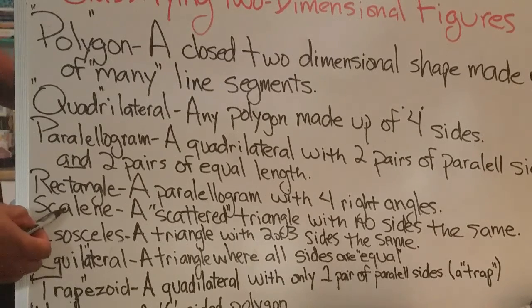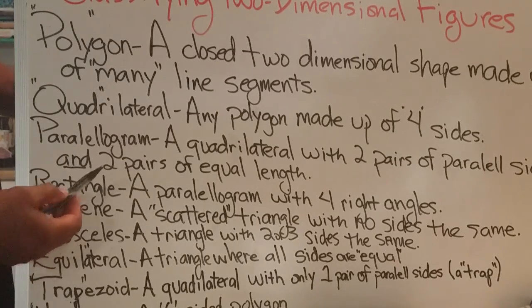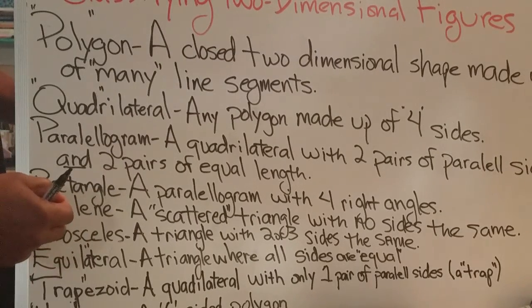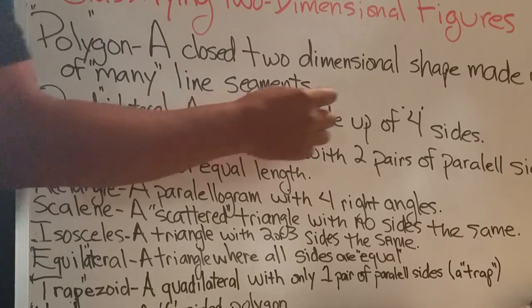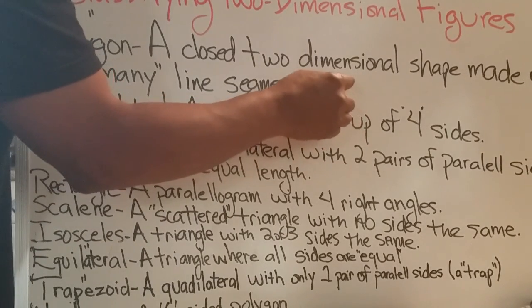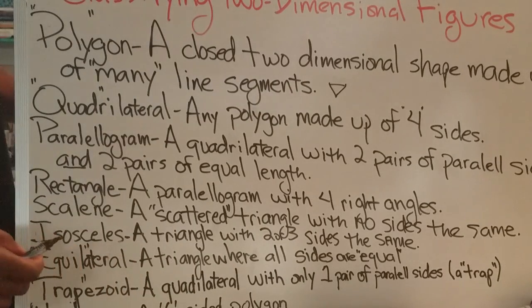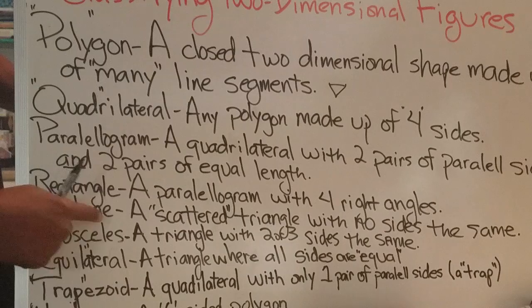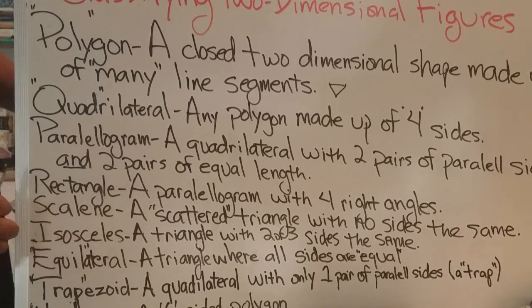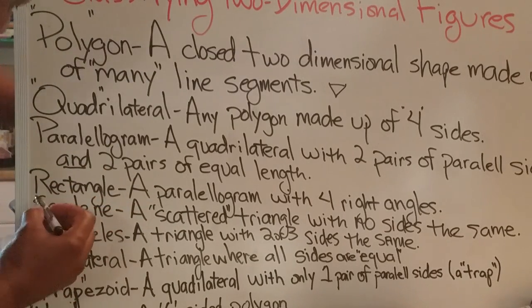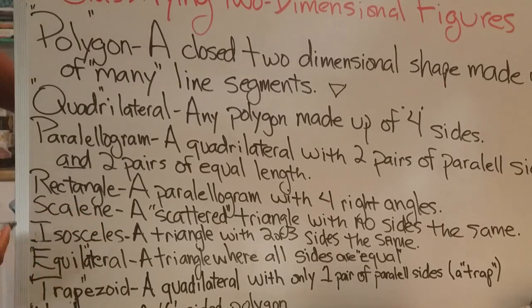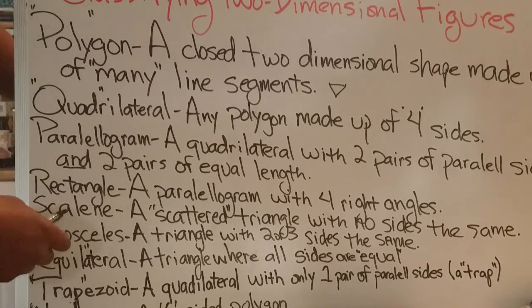Scalene, now this is a scalene triangle. I didn't write down triangle because I think you learned that in kindergarten or first grade, that a triangle is a polygon with three sides. So a scalene triangle, I kind of made this up because it's really not part of the word.